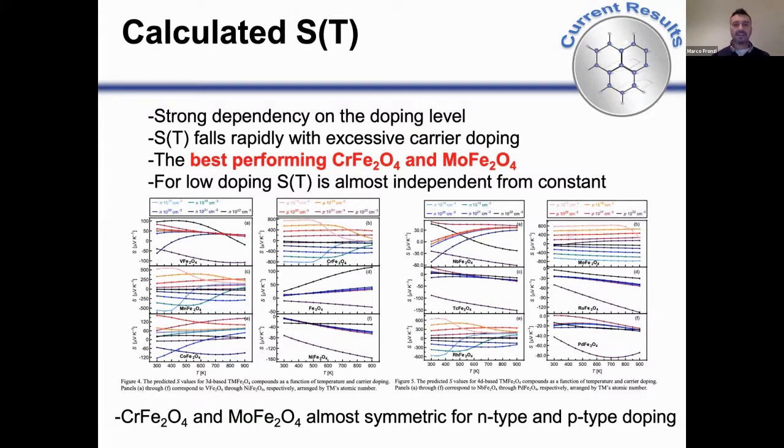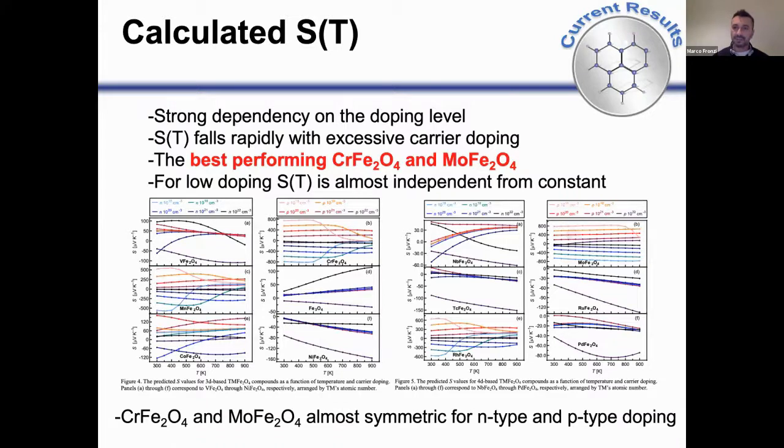However, we found, and this is very interesting, that generally speaking we reach decent values for the Seebeck coefficient, but the best performing are the chromium doped and molybdenum doped, which reach not only very high Seebeck coefficient values, up to 800, but also, for specific levels of doping, the value of S is almost constant, which is extremely good for practical application.